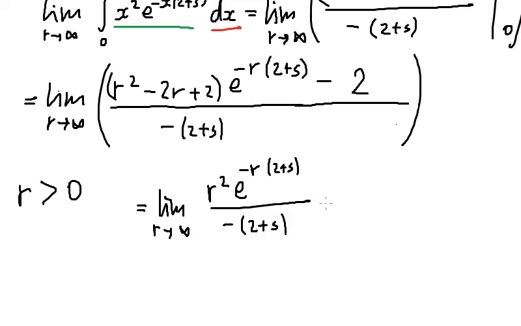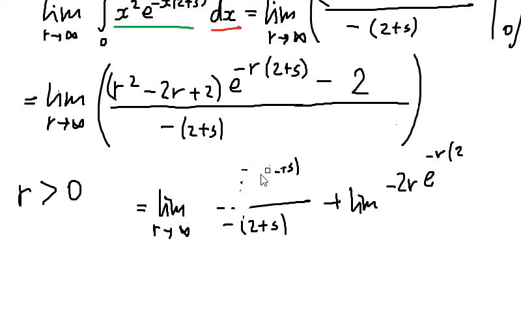Then we have plus the limit of minus 2r of e to the power minus r times, actually, I'm not doing it the most clever way. Let me rather do the following.